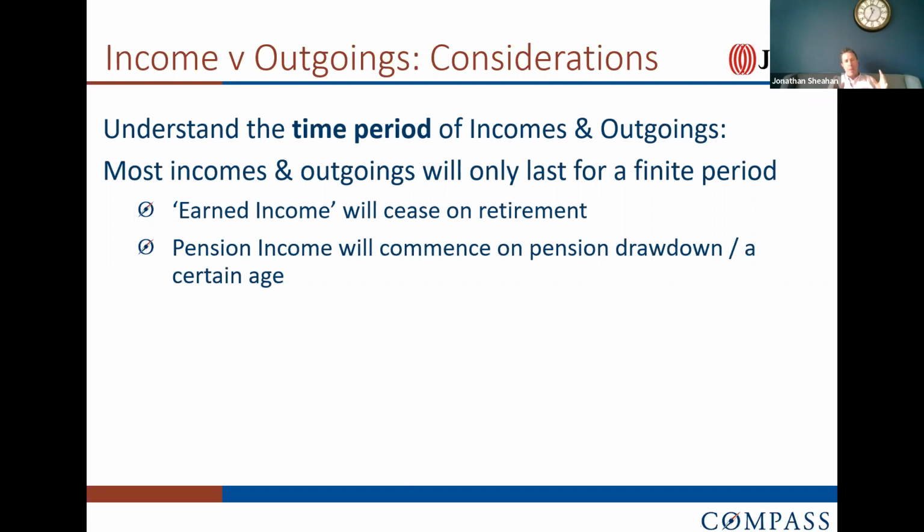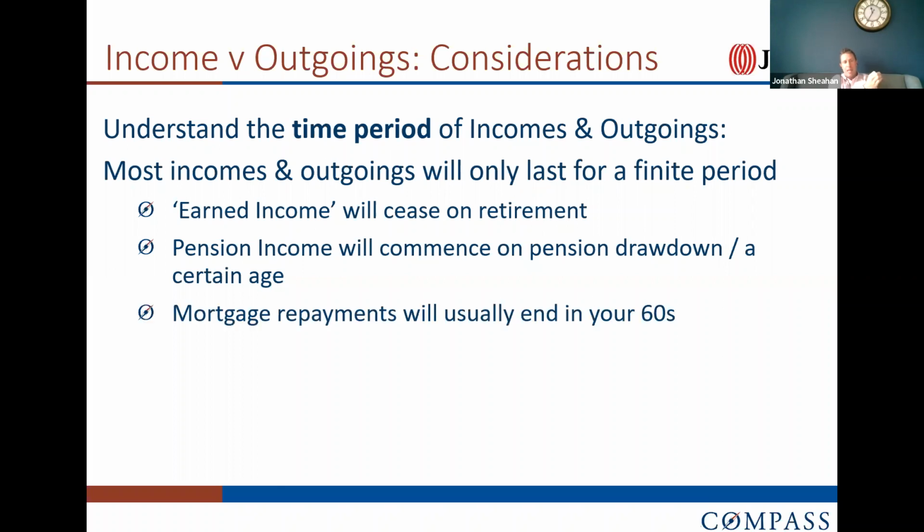As well as that, your pension income will actually start at a certain stage. You most likely don't have any pension income if you're working, but at some stage you will get the state pension at 66. By the time most people here are at 66, it won't be available, I'd suggest, until 68. But either way, when you retire, your JLL pension or any other pension income will start at a certain age.